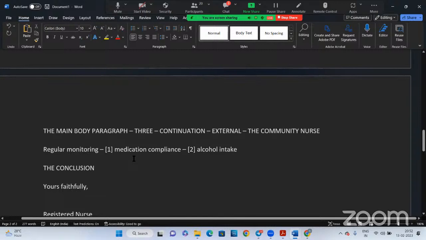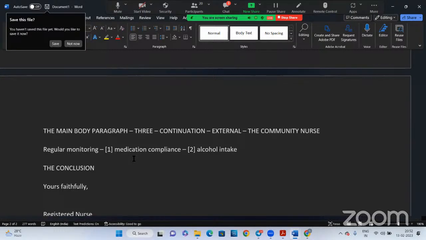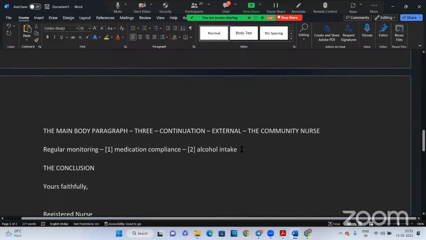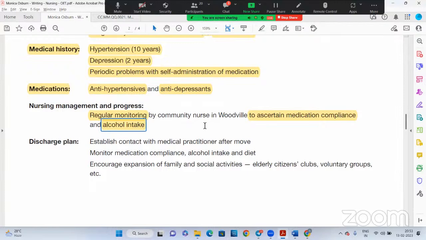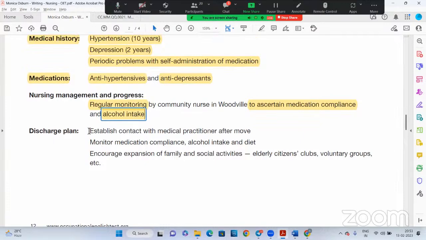So these are the two things that she has to monitor. Next, we got that information: community nurse in Woodville, no need, because it is repeated. Next one, discharge plan.